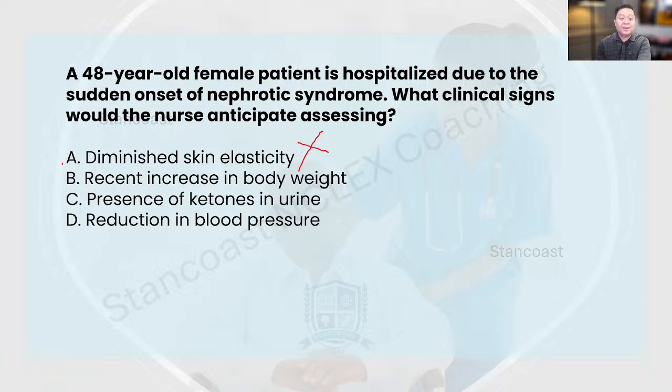And so again, the reason that there is a sudden weight gain is because of the increased permeability of the glomerular filtration barrier, which actually will cause the proteins to leak into the urine, and this is going to cause the hypoalbuminemia, and then what's going to happen?